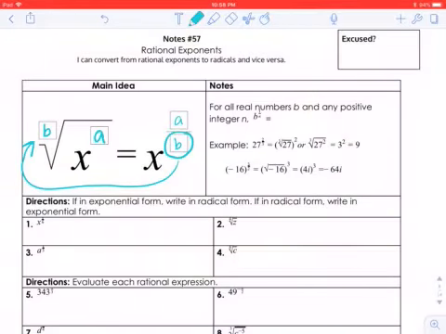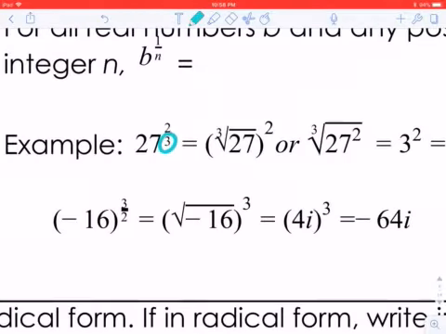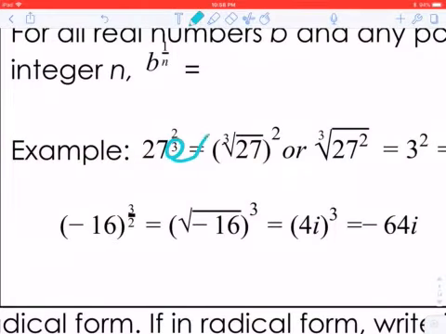Right? So what we would say here is that, for example, the 3 moves to become the index, and the 2 stays as the exponent. What this is showing here is that as long as the 3 is the index, the 2 can be either outside the parentheses, that's fine, or it can also be inside the root.